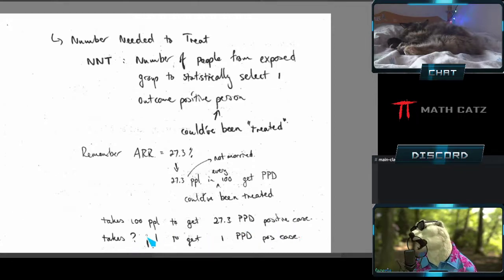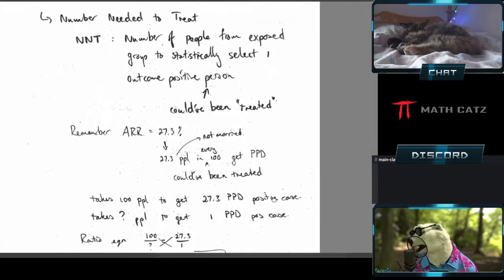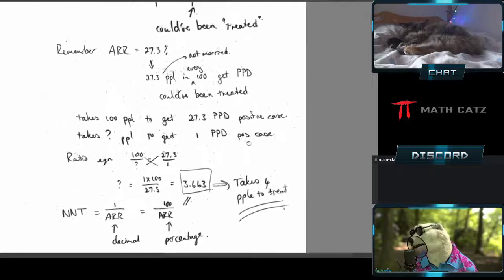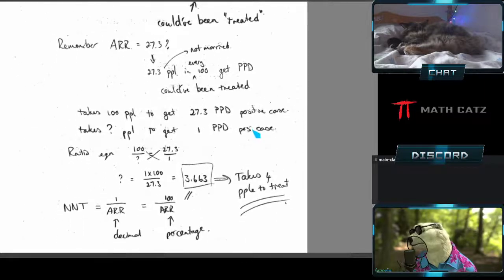So how many people do I need to have to get one whole person that tests positive for postpartum depression? Well, if you know a little bit about ratio equations, I can set up a little ratio equation here as 100 corresponds to 27.3, question mark corresponding to 1. I cross multiply, I get 3.663.